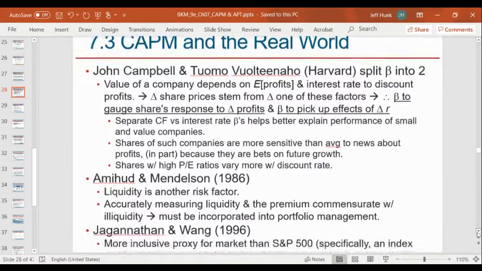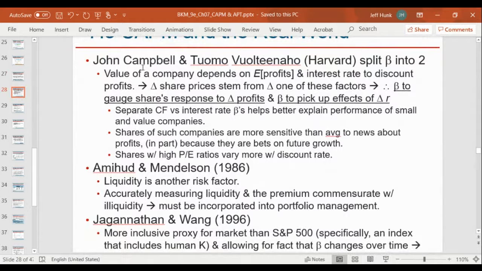And then John Campbell. John Campbell is also a very household name, a famous, renowned professor at Harvard. As a doctoral student, I had his textbook.